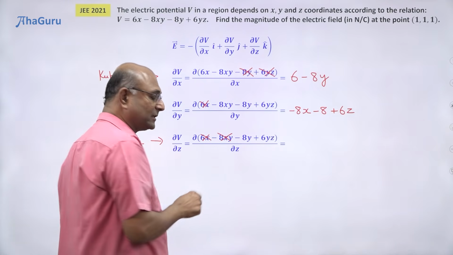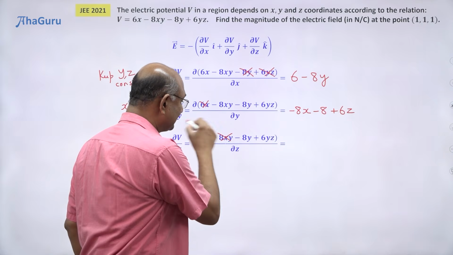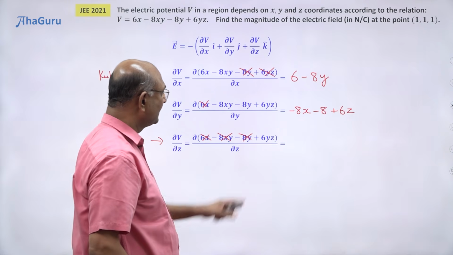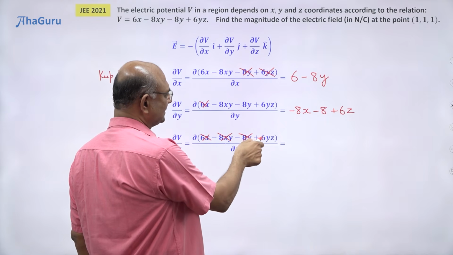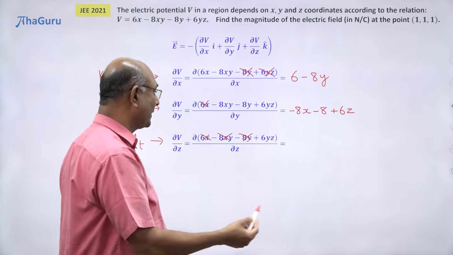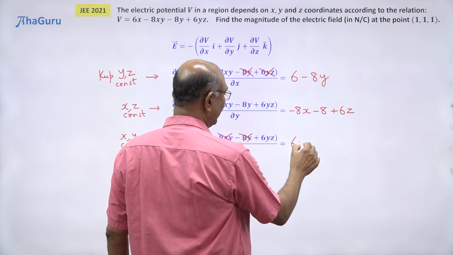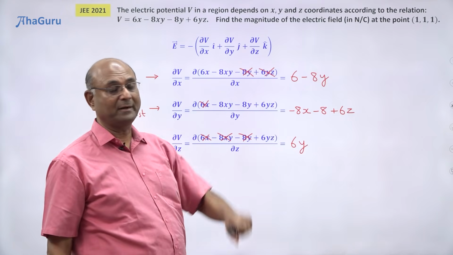So this will also give you 0. 8y, y is a constant, so when you differentiate with respect to z, that will give you 0. So only this is going to matter. 6y, y is a constant, 6 is a constant, 6y is a constant, take it out. So differentiate z with respect to z, which is 1. So the answer is 6y.